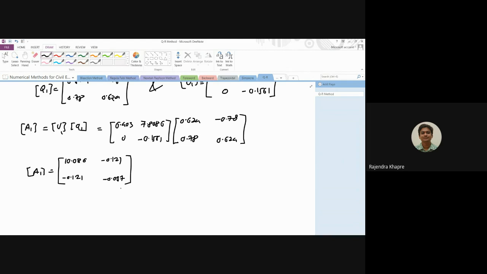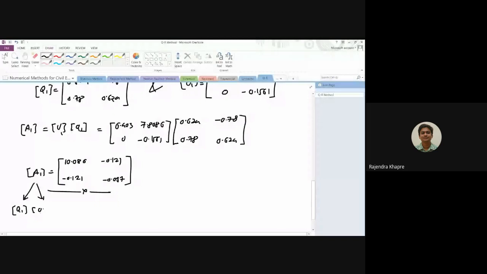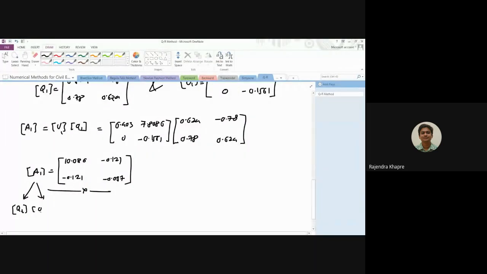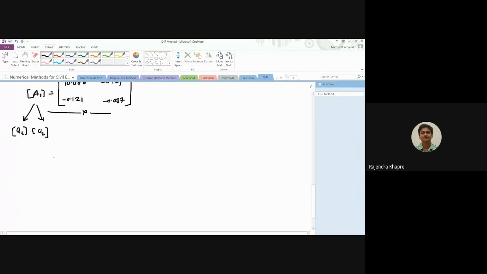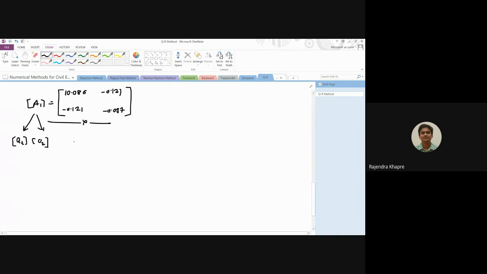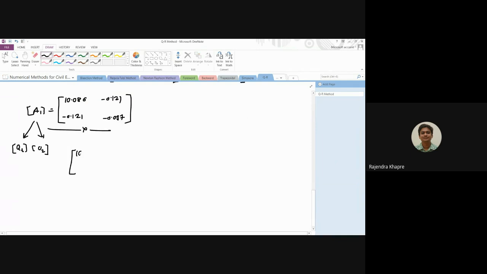So in another trial, what we have to do is break this A1 matrix into two parts. It will be something like Q2 into U2. So basically all we have to do is write this A1 matrix: 10.086, minus 0.121, minus 0.121, minus 0.097.